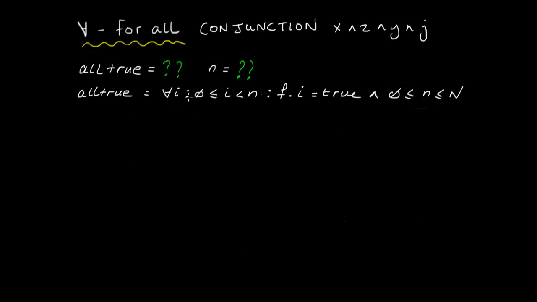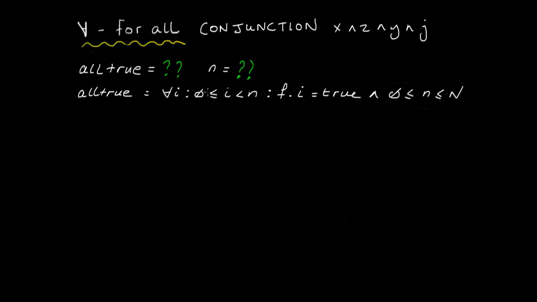The invariant that we're going to use as an example is: for all i, greater than or equal to 0 and less than small n, f.i equal to true. And of course you'd have your other part of your invariant where you give n a range. This invariant is dealing with a Boolean array, and it's checking to see if all the elements in the Boolean array are true.